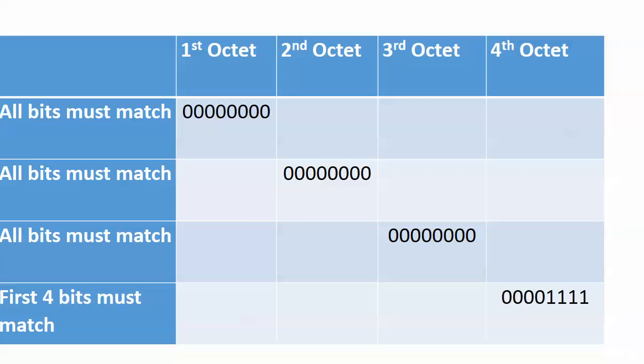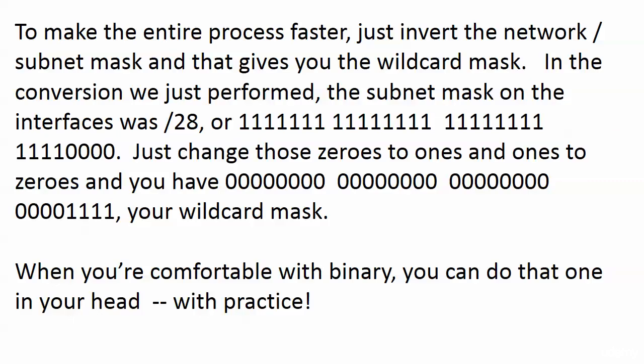But in that fourth octet, the first 4 bits must match. The subnet mask has 28 ones and 4 zeros at the end. We invert that for the wildcard mask. We have 28 zeros at the beginning and 4 ones at the end, and then you just convert this to dotted decimal, and there's your wildcard mask.